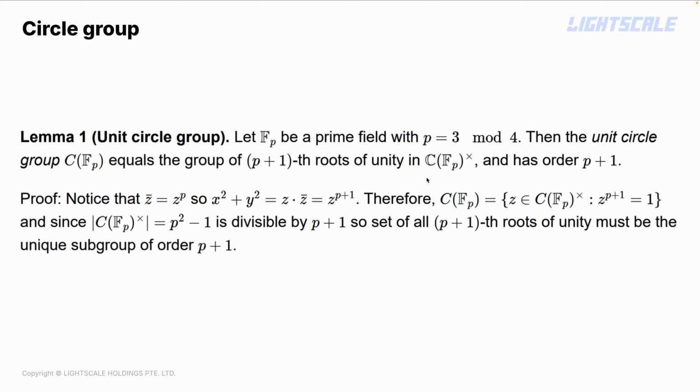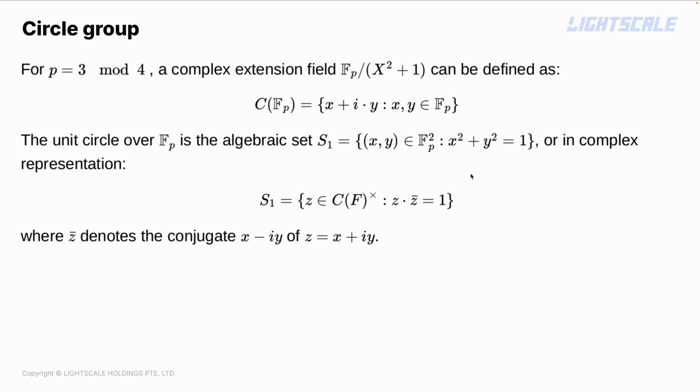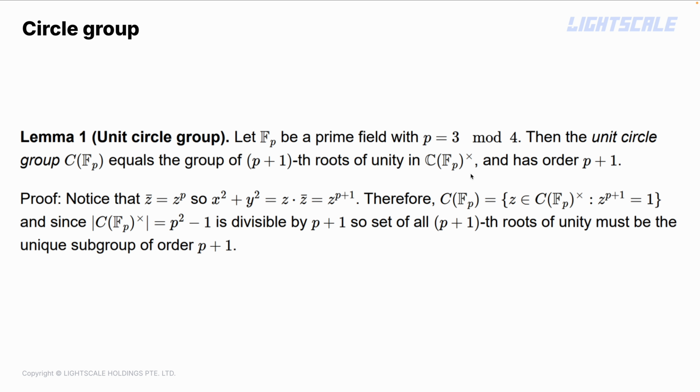So if we consider this unit circle group, then this multiplicative group actually has order p plus 1. The proof is not that elaborate, so I'll add it in the article.